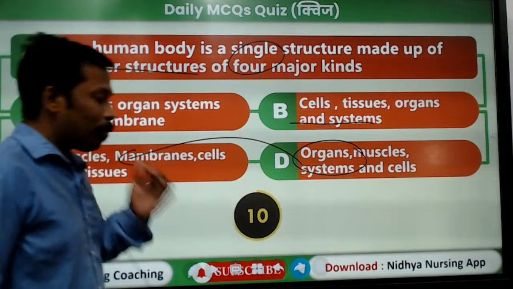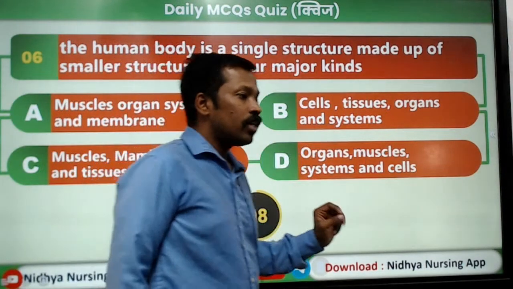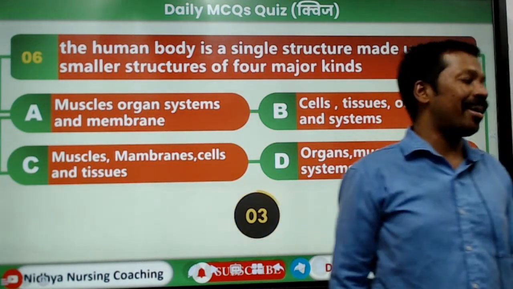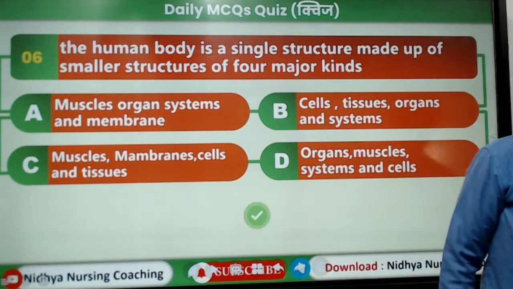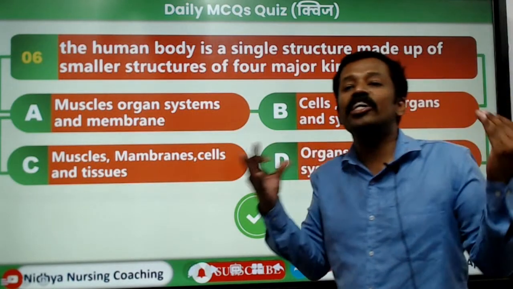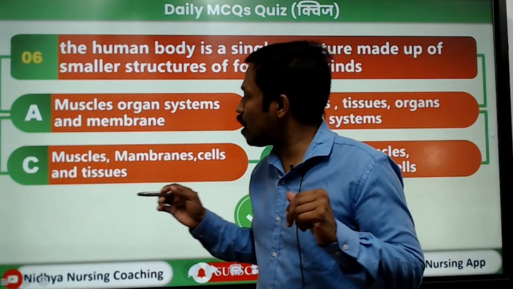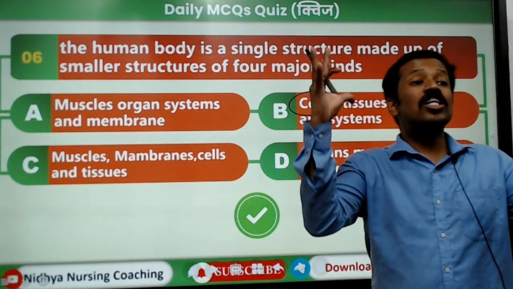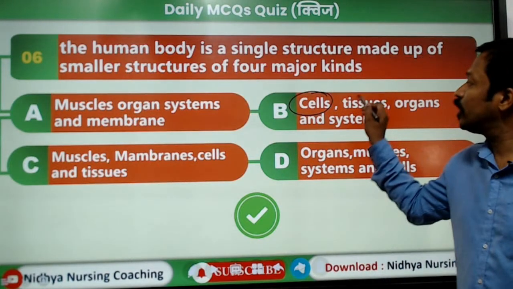In the human body, a single structure is made up of smaller structures of four major kinds. Which are they? The basic units are cells. More cells combine and form tissues.